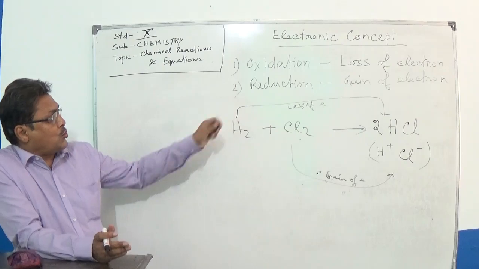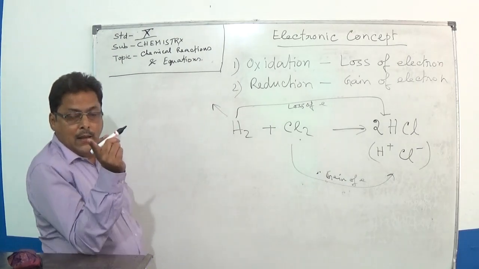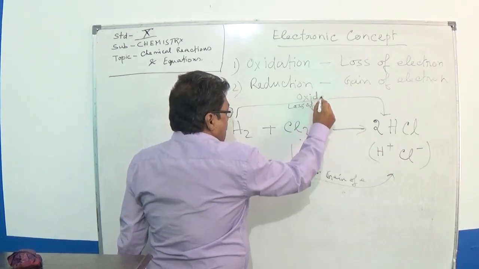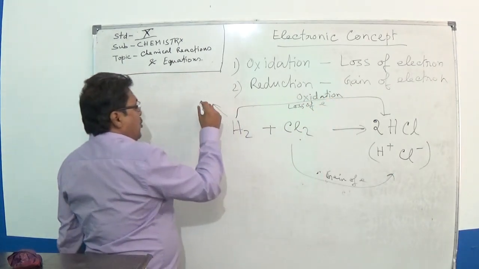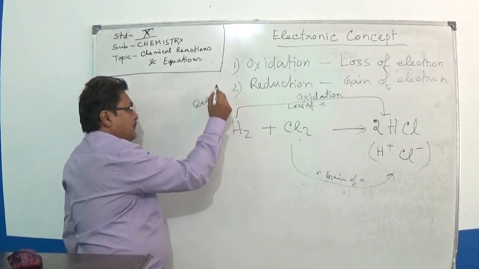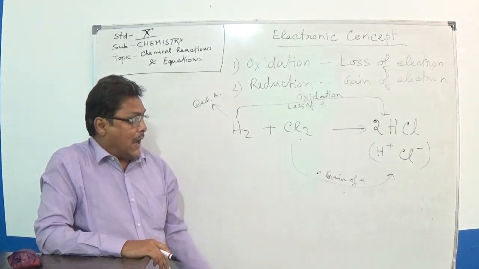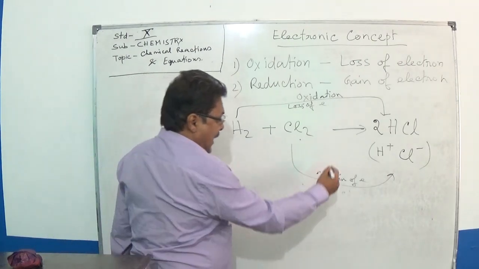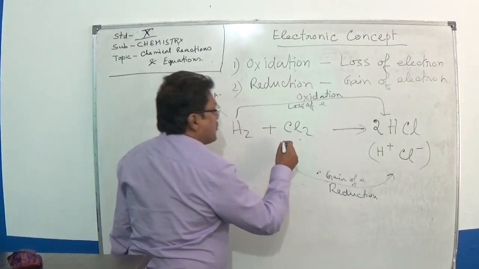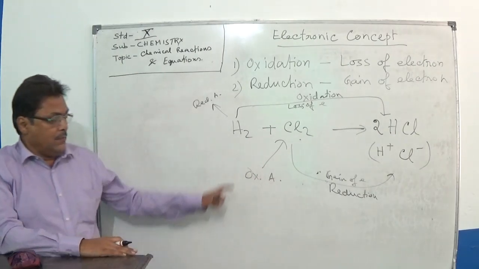And since it has loss of electron, we call this process, loss of electron, the process of oxidation. So hydrogen must be the reducing agent. And chlorine, it has formed an anion. This process has gained an electron. So this is the process of reduction. And so chlorine must be the oxidizing agent.